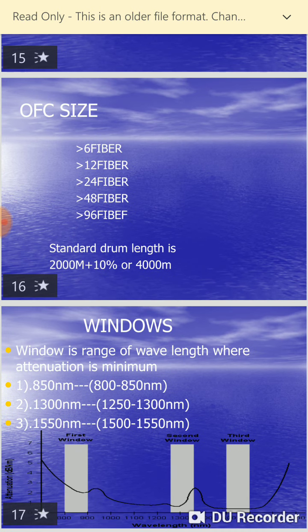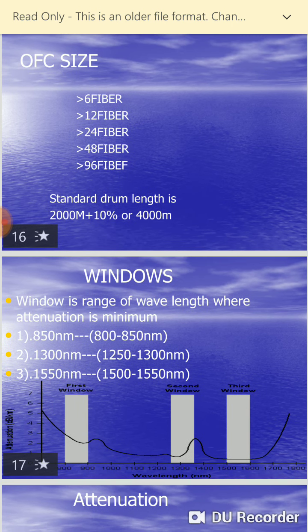So there are some specific wavelengths where the attenuation is minimum, and the wavelength ranges are 800 to 850 nanometer. That is the first window, 800 to 850 nanometer.